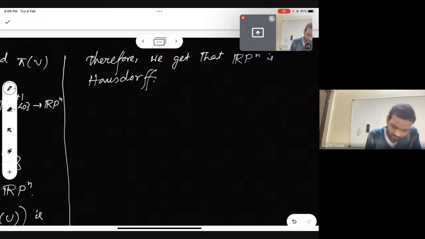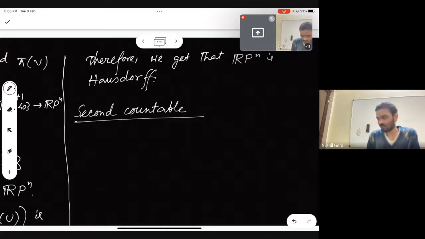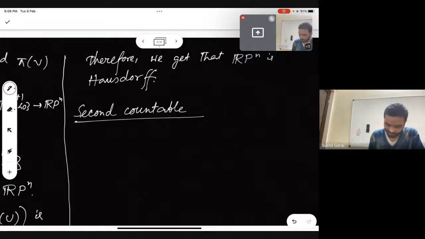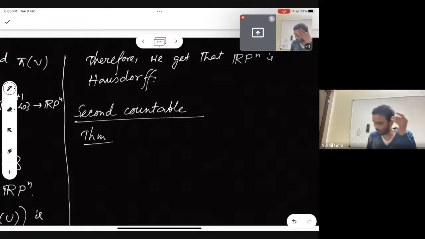Now, what about second countability? Here I'll quote a theorem whose proof you might have seen. If you have not seen it, just see it as an exercise. This is a theorem from quotient topology.